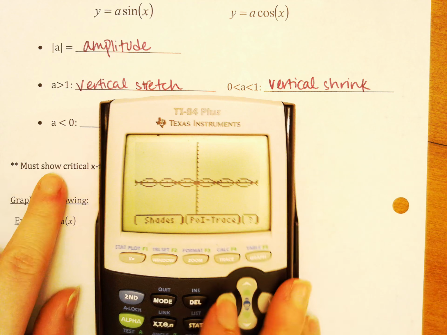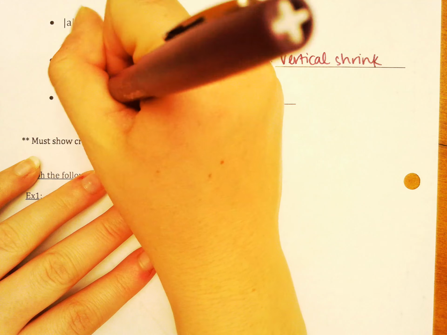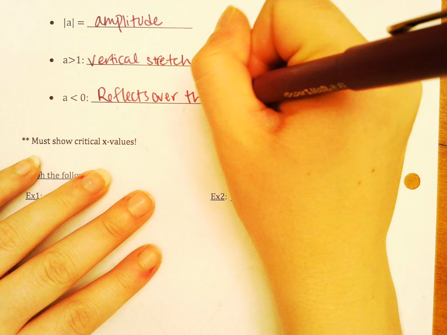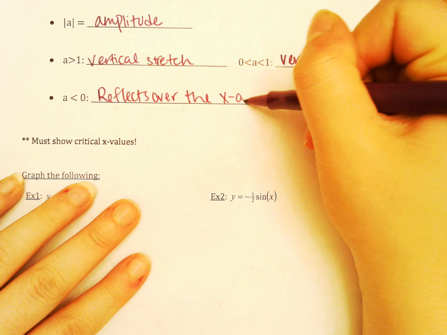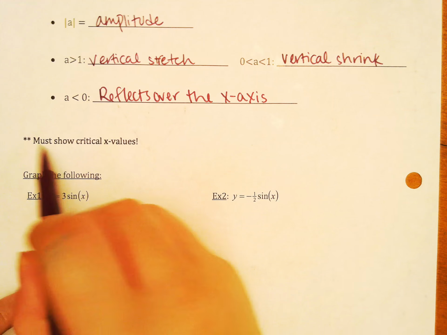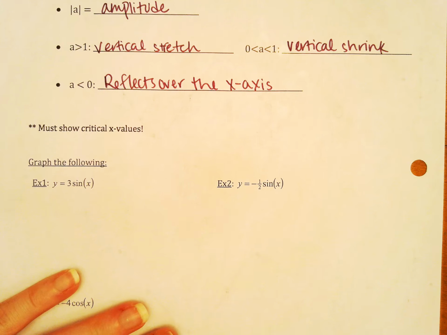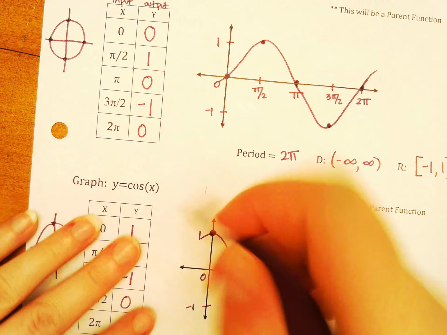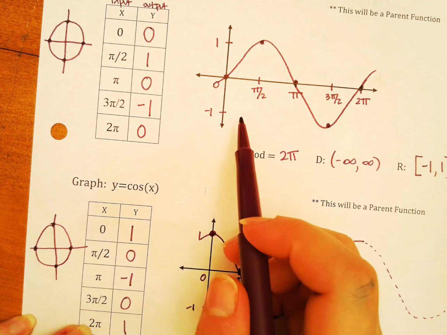So it actually reflects it over the x-axis. The important part here is that we have our critical values to show when we're graphing, so we know where the zeros happen, and where our maximum and minimum happen. On the front here, we needed these 5 critical values to graph these important points, and we have to show them on our axis.